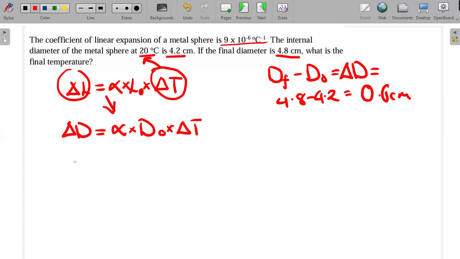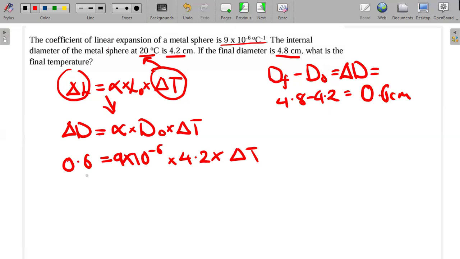So let's plug in everything that we have to find the change in temperature. I'll say my change in D, which is 0.6, will be equal to alpha, which is 9 times 10 to the power minus 6, multiplied by the initial diameter, which is 4.2, multiplied by the change in temperature, delta T. Since we are looking for change in temperature, we can now make it the subject of the formula.